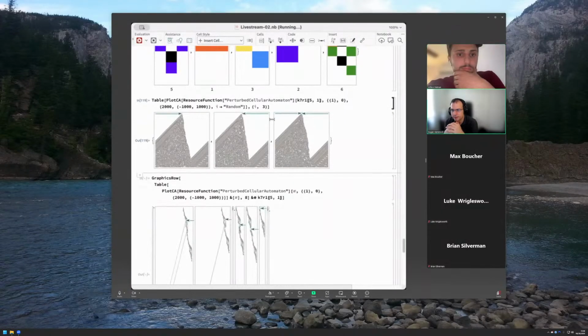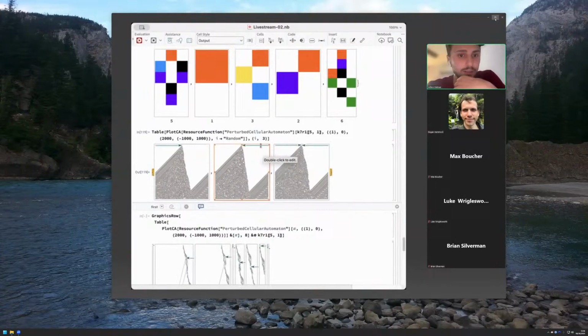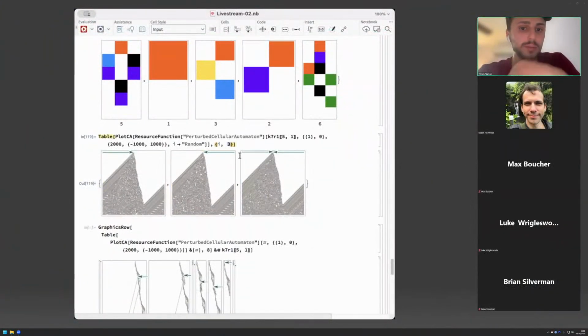Oh, look at that. That did not look right. Oh, okay, because it's so early on in the pattern. So maybe if we do it at the 200th step.